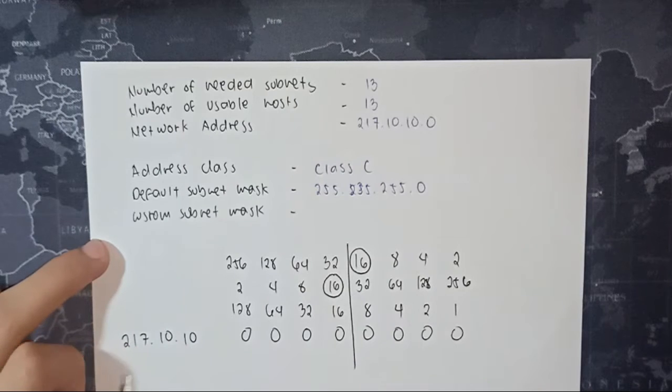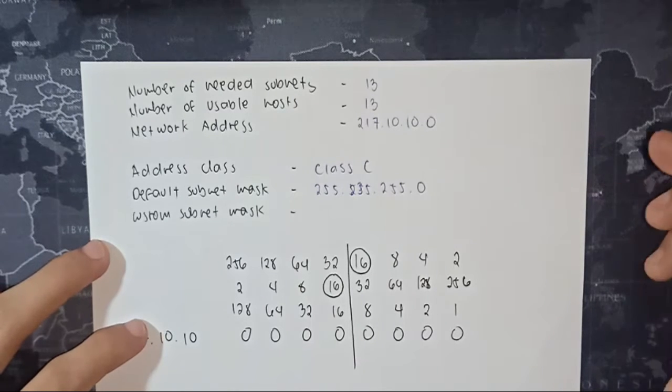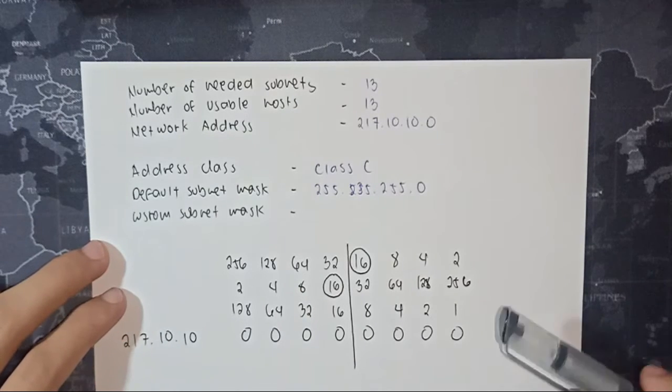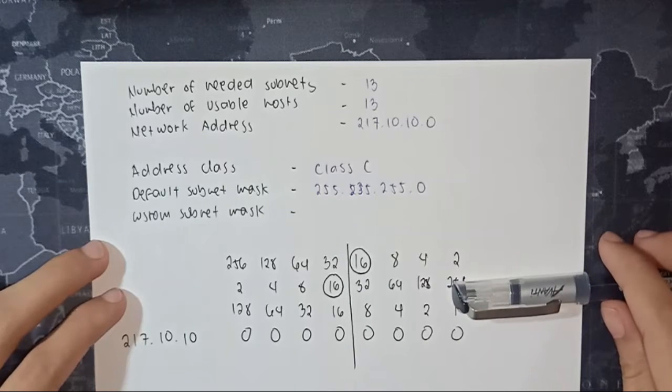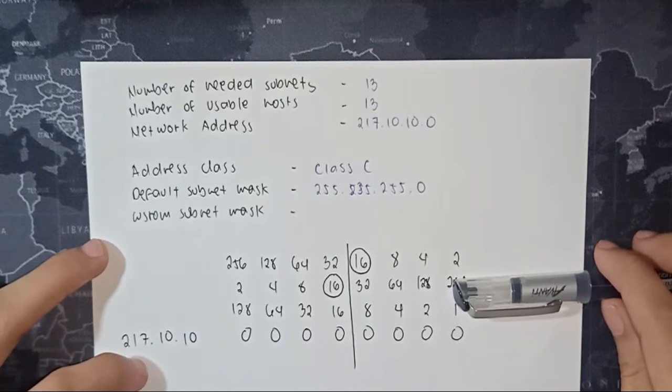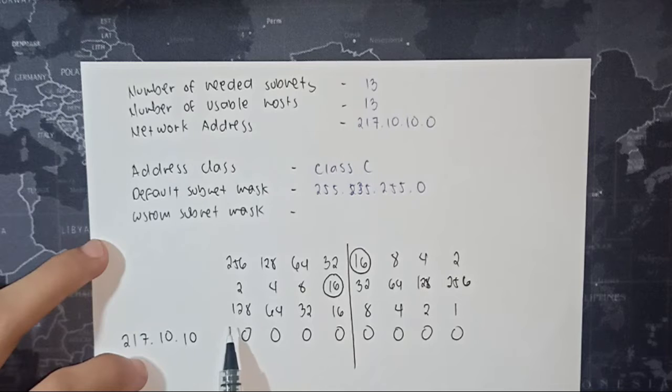Then we have this table. So, in getting the custom subnet mask, we're just gonna look for this value before the straight line. So we have these 128, 64, 32, and 16. We're just gonna add it all.